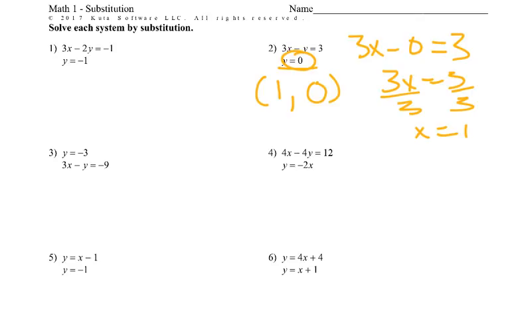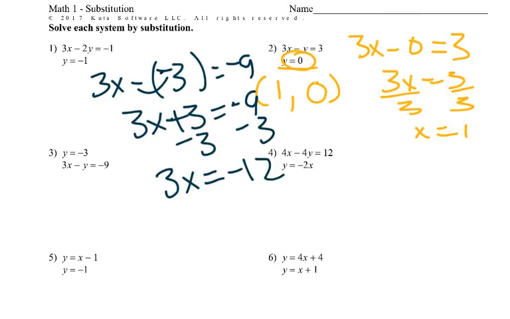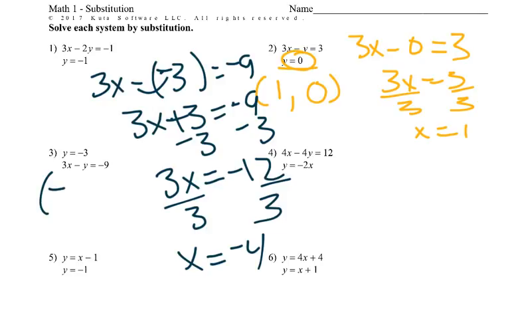So I'm going to replace that negative y with -3. Okay. So then a negative makes it positive. And then I solve for that x because I'm down to one variable now. So I get 3x equals -12 because -9 minus 3 is -12. Divide by 3, and we get x equals -4. So x is -4 and y is -3.